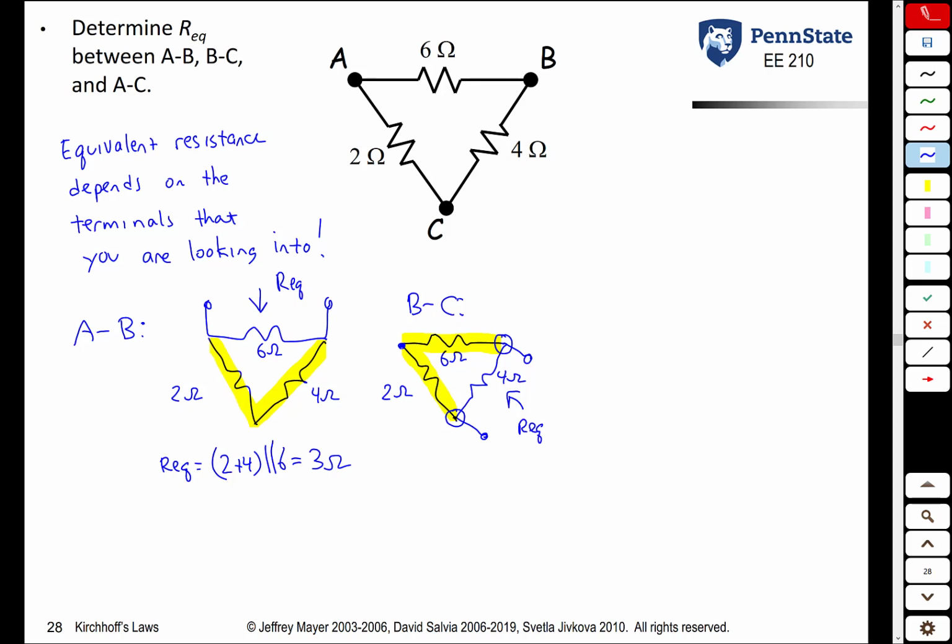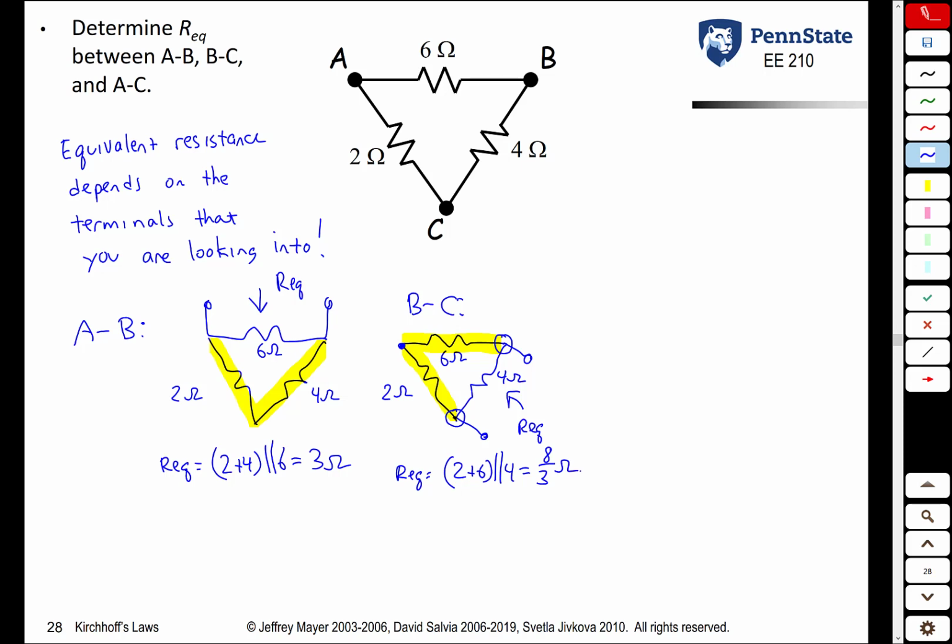So the 2 and 6 are in series. That equivalent resistance is then in parallel with the 4 ohm resistor. So now our equivalent is going to be 2 plus 6 in parallel with 4. 8 in parallel with 4, R in parallel with R over 2 is R over 3.